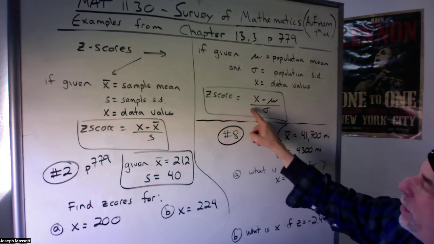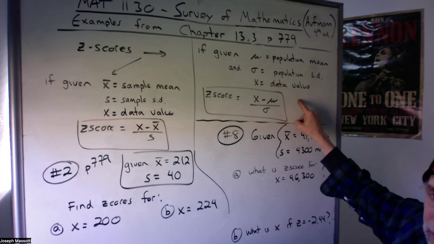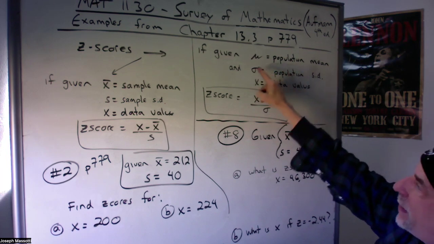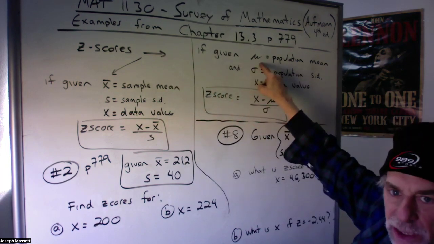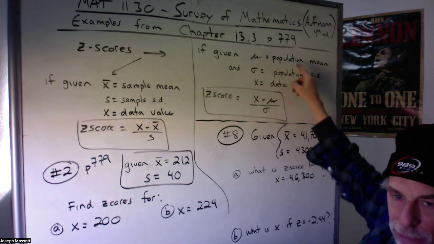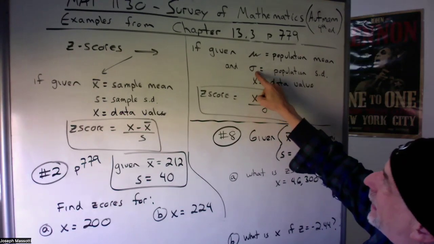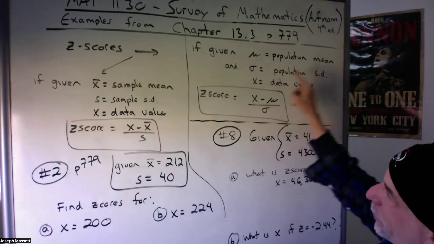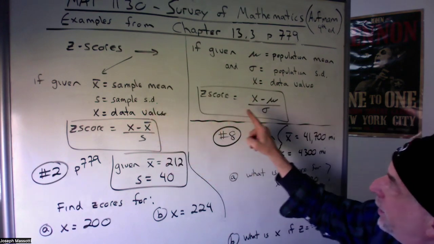Now, sometimes you might see it like this. Don't be confused by these two different formulas for z-score. It's really the same thing. It's just here we're looking at population data. So instead of x bar being the mean, mu is the mean, because that's the population mean. Remember, way back to our definitions of terms. And sigma is the population standard deviation in place of s. But really, it's the same formula, right?